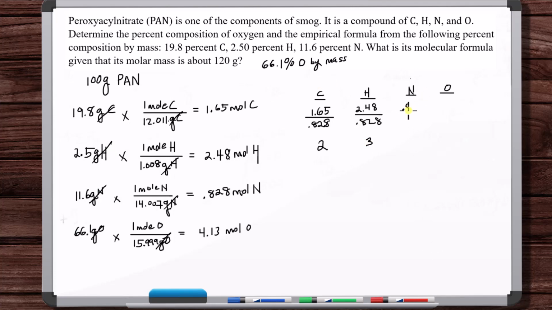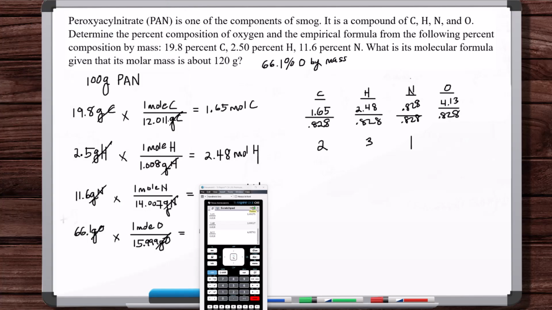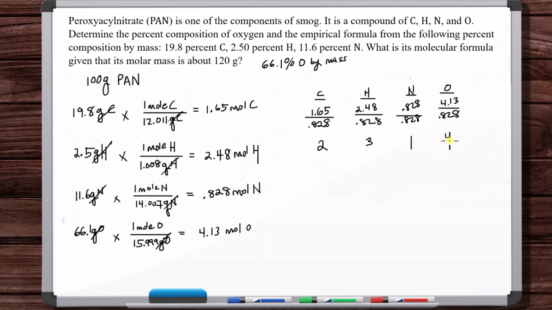Nitrogen: 0.828 divided by 0.828 is just 1. And then oxygen: 4.13 divided by 0.828 is 5. Okay, there you go. We've got nice whole numbers here.